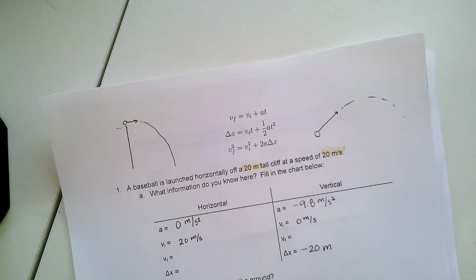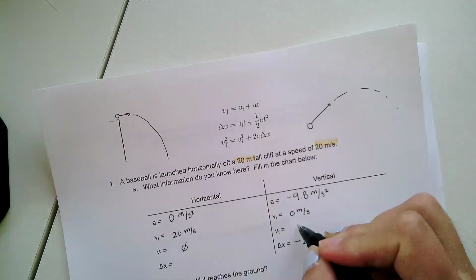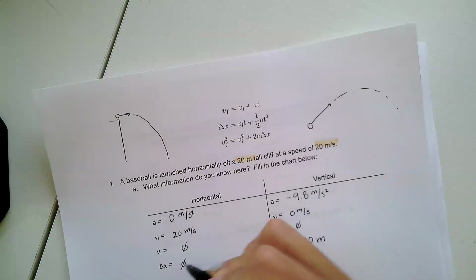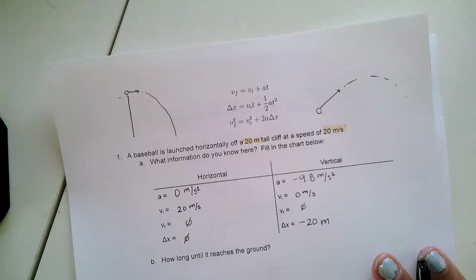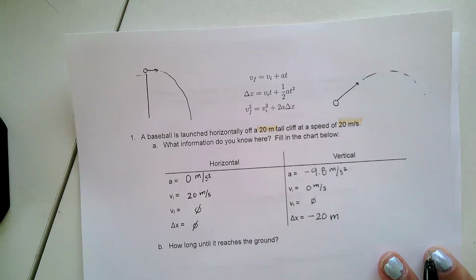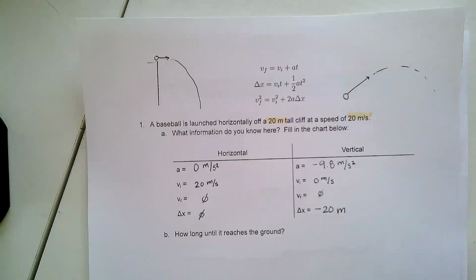Why negative? Because it is falling. All right. This is the very first thing we will want to do when we do one of these problems: fill out what exactly we know and what we don't know.